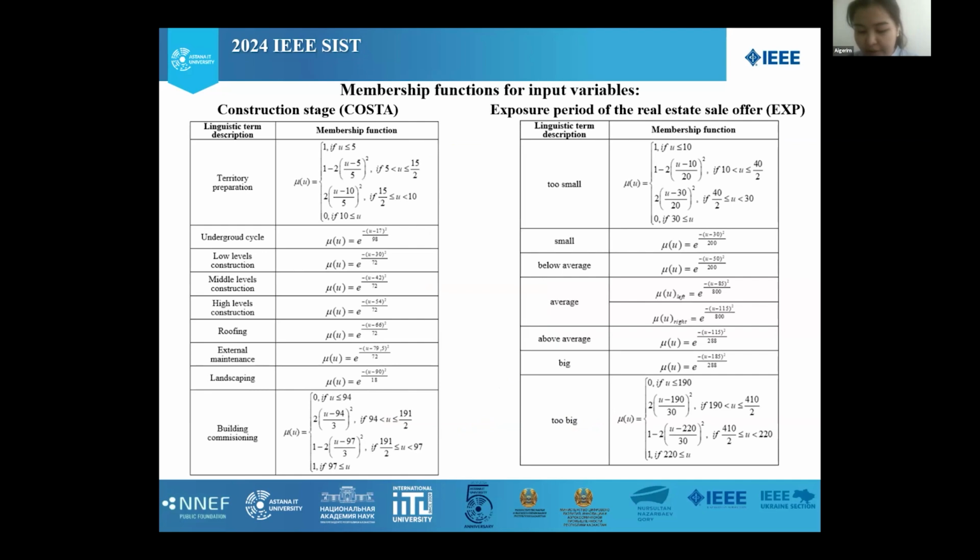So the highlighted time factors are represented as fuzzy numbers, each of which has corresponding linguistic term descriptions and membership function parameters. The membership functions for input variables are given in corresponding tables.